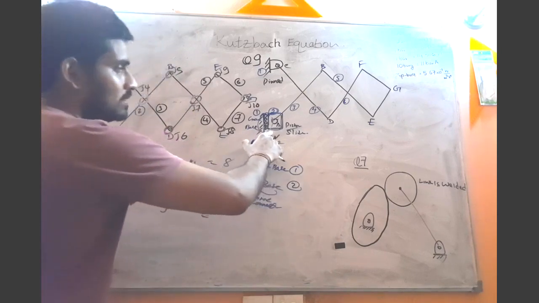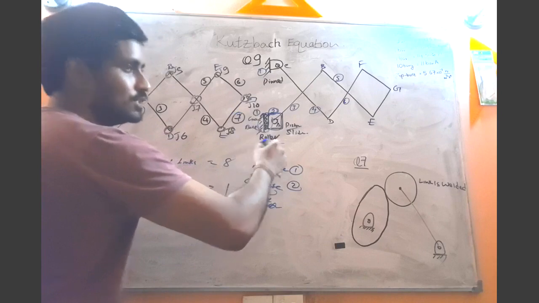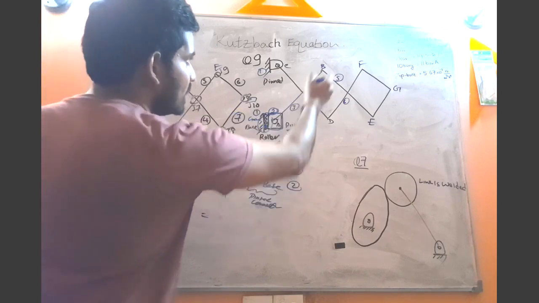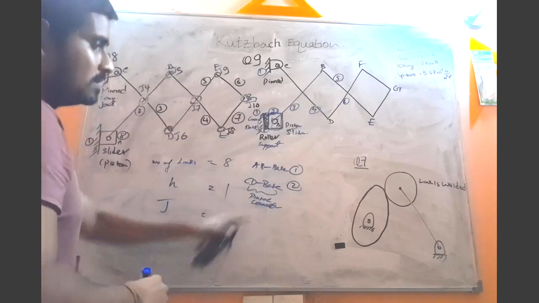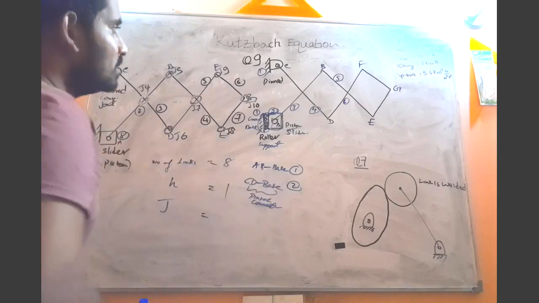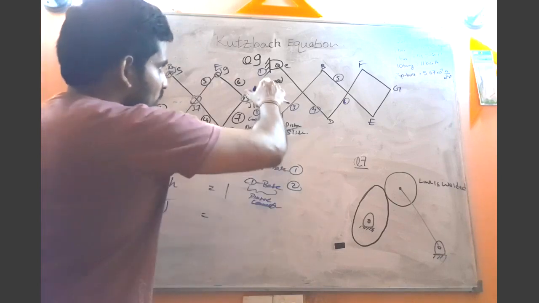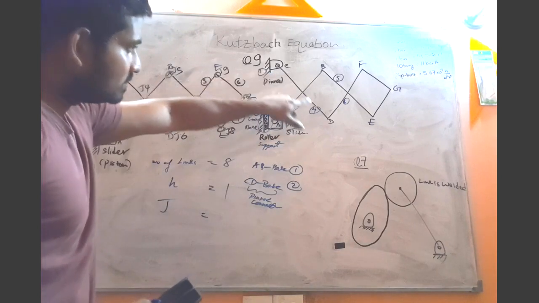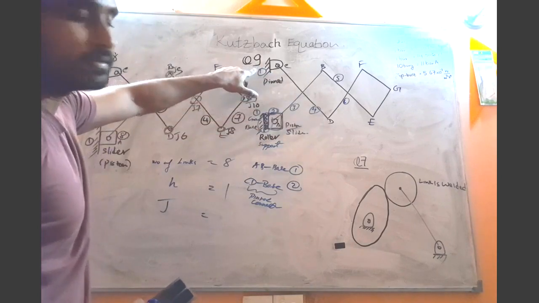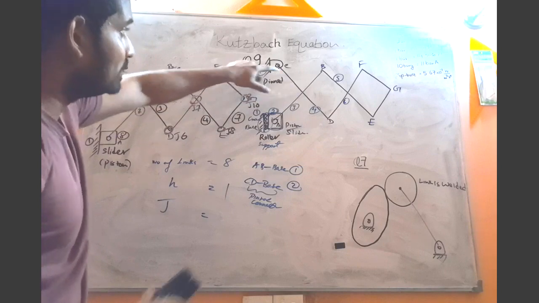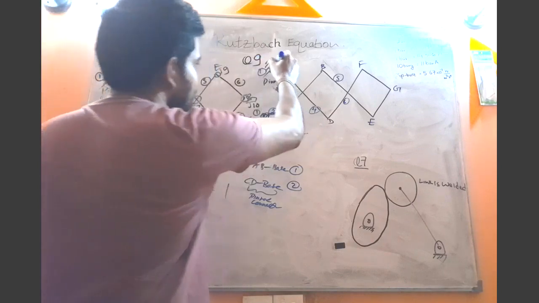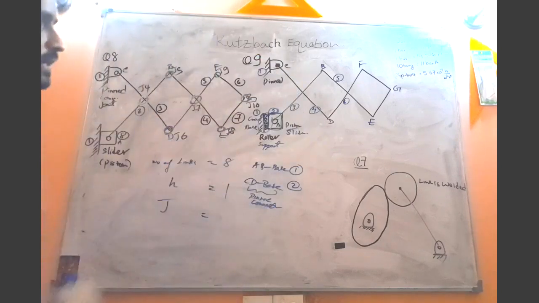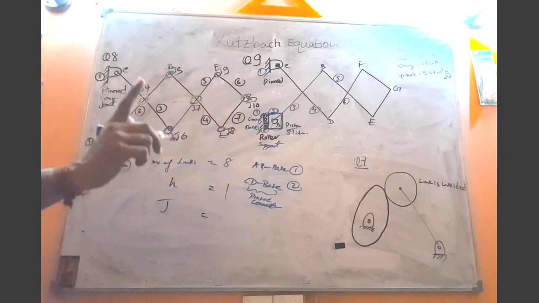First joint is the connection that connects the link AB to the slider, that is joint number 1. Second joint is the joint that connects the link CD to the base with the help of this pin joint. Now here we have a pin, so that is joint number 2.